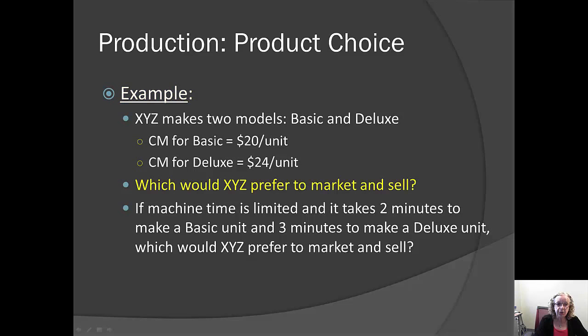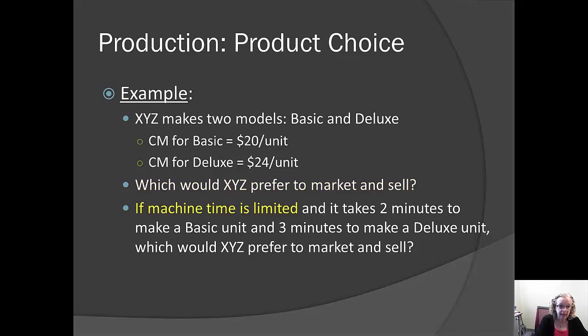So, which product would the company prefer to market and to sell? Obviously, given a choice, they'd much rather sell a deluxe unit for $24 contribution margin than sell a basic unit for $20 of contribution margin.